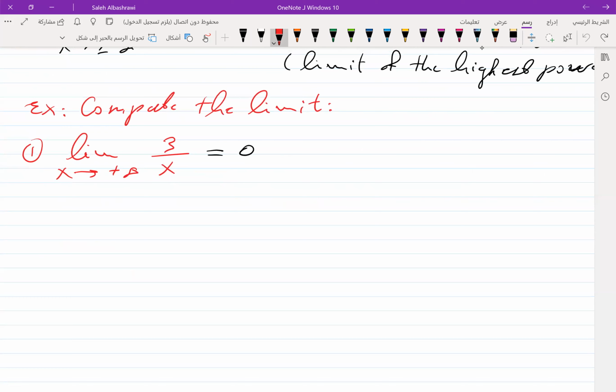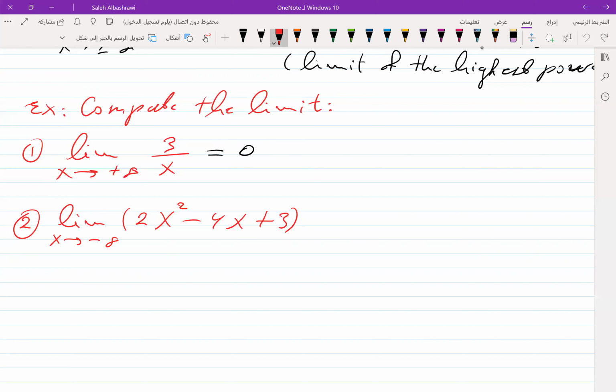Number two, limit of 2x squared minus 4x plus 3, where x goes to minus infinity. Now this is the limit of a polynomial. If we have a polynomial, we are taking the limit of the highest power in the polynomial.